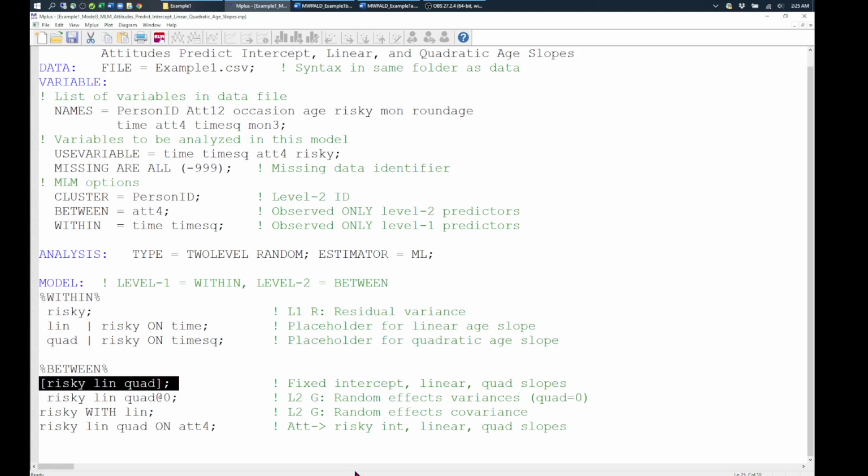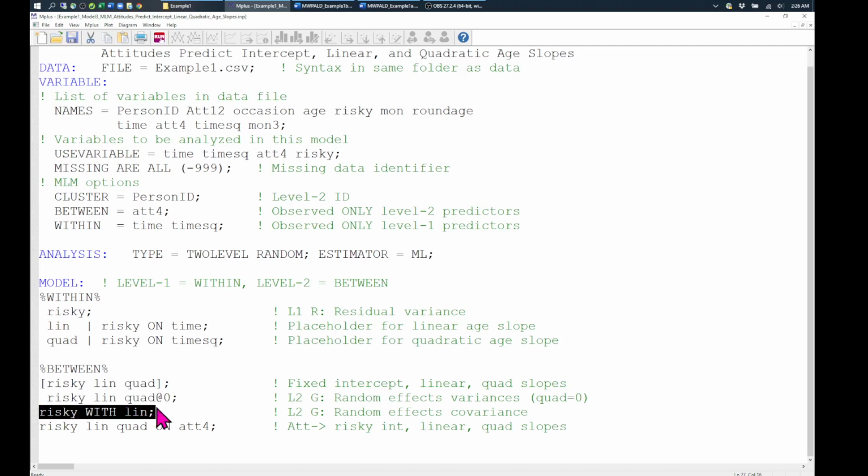So anything in a bracket is either the intercept of a variable that is being predicted or the mean of a variable that is not being predicted. It knows which is which based on the context of the rest of the model. So that's not something you have to tell it. So I have my intercept variance right here, my linear age slope variance right here, and no quadratic age slope variance at 0.